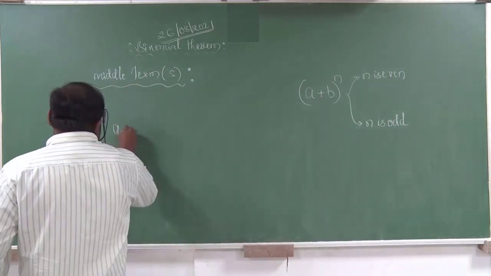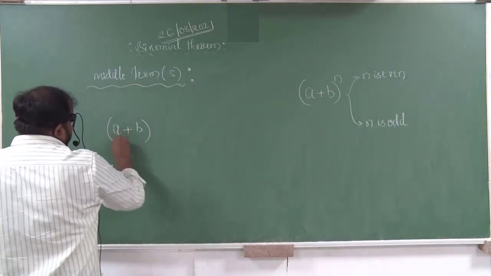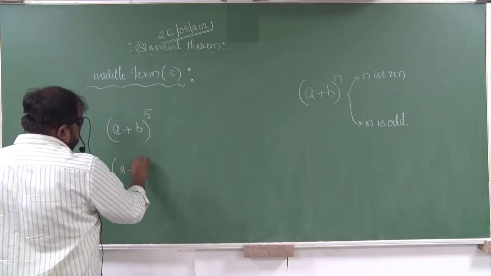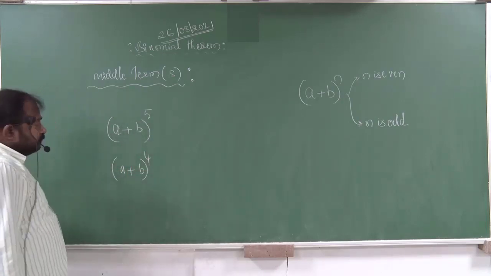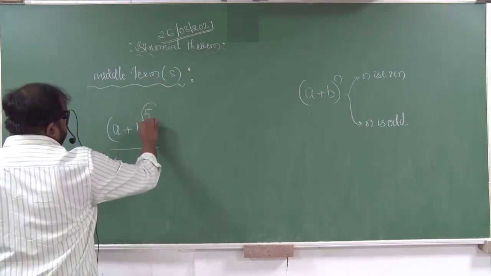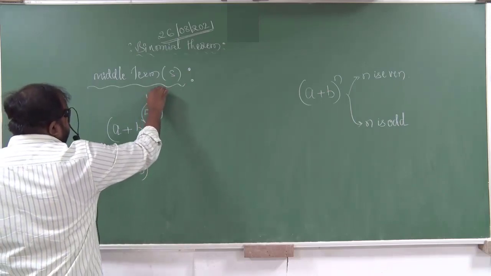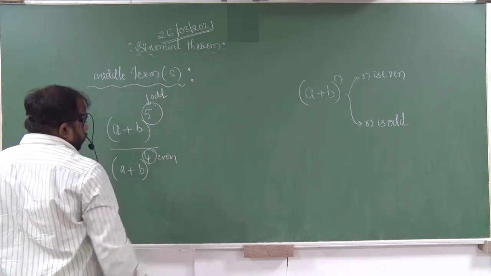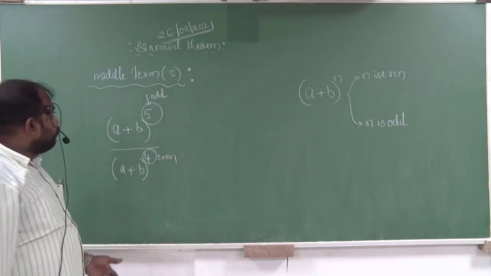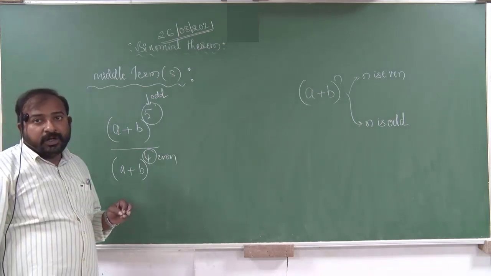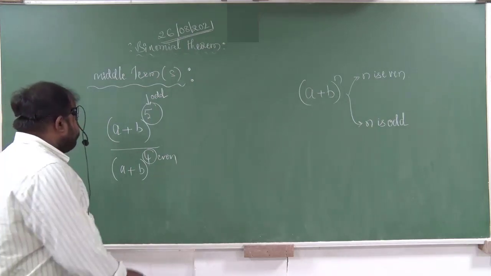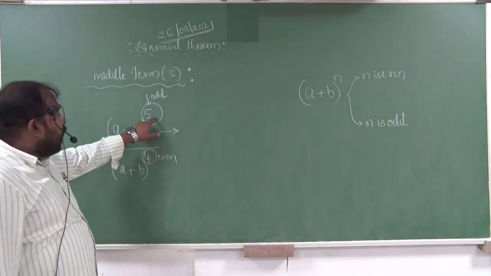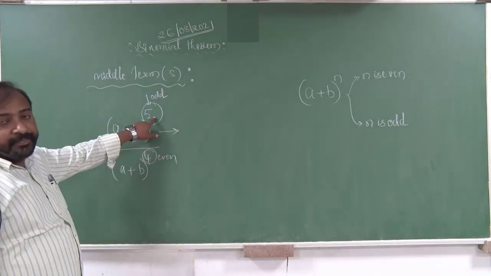For example, (a plus b) whole power 5, (a plus b) whole power 4. Two cases I have taken. This is an odd integral value and this is an even integral value. Then how can you find the middle term or middle terms? Listen, the power 5 I have taken means an odd integral value here.